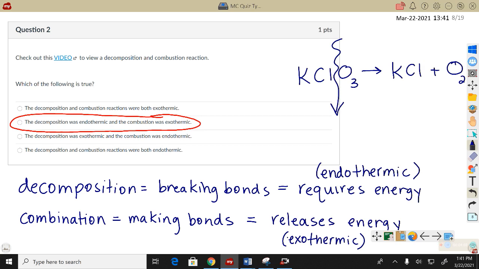Energy is also released in a combustion. In a combustion, something is burning. So you should have evidence that energy is being released in the form of heat or light. So the decomposition was endothermic. I had to add heat from a little burner. But the combustion was definitely exothermic. Energy was produced or released.